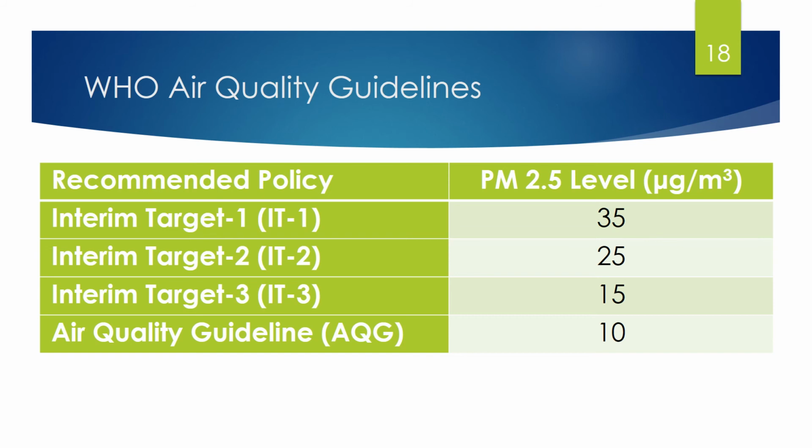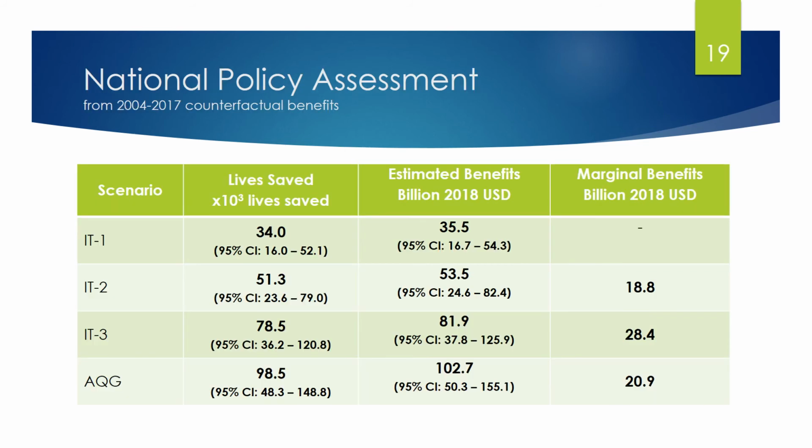What we will do is assume that these were happening from 2004 to 2017 and identify what would have been the lives saved had these been in place, and compare it with what we have lost in order to identify the benefits. This is what we have done in this table.